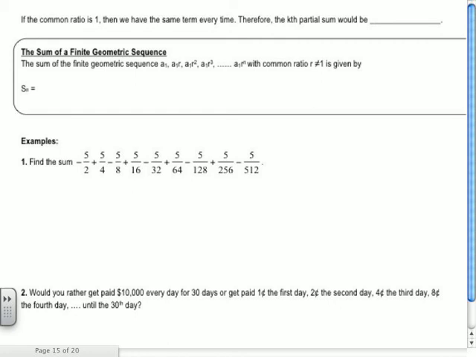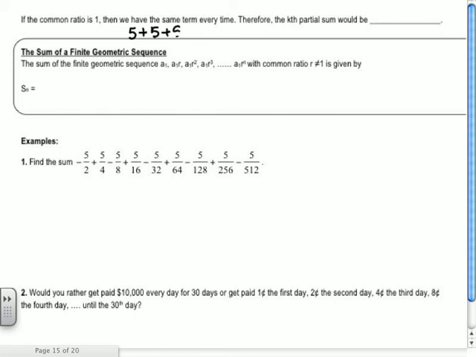All right, if the common ratio is 1, then you'll have the same term every single time, right? Does it make sense? If your common ratio is 1, you're always multiplying by 1. So if my first term was 5, my next term would be 5, 5, 5. Okay, so then if I'm adding up k of those same things, what would your answer be?